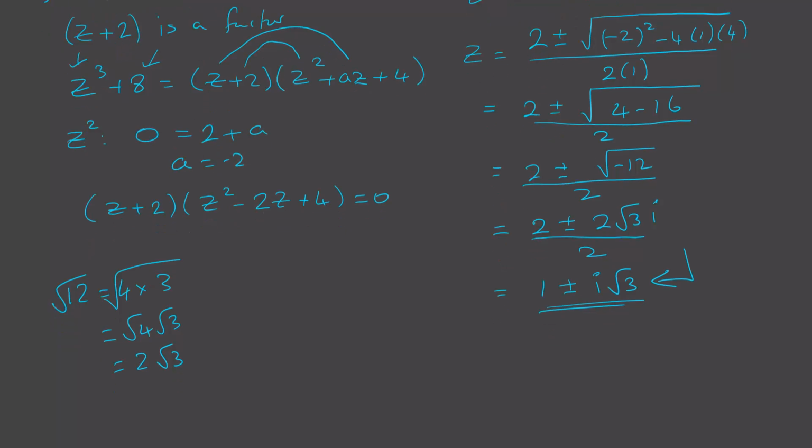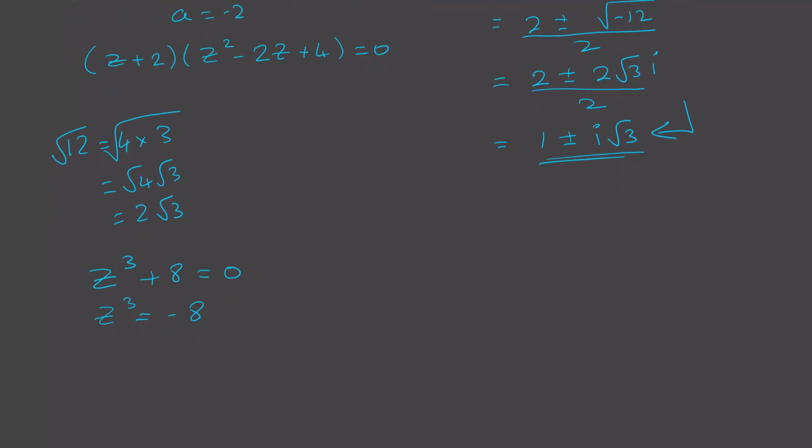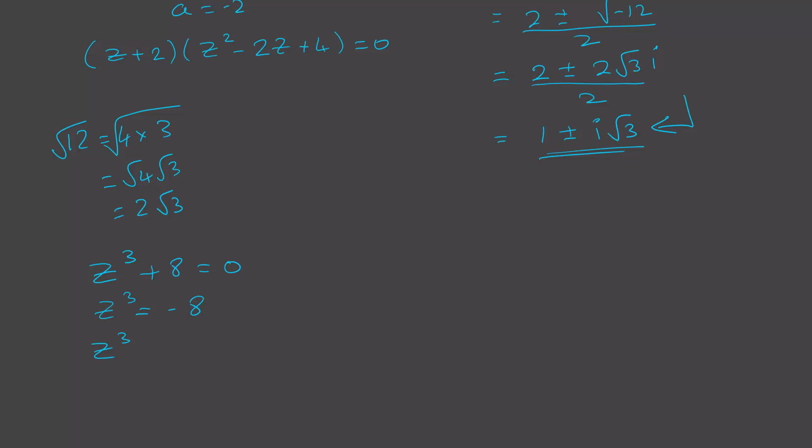For this particular equation, I think we could have got there in a slightly easier fashion. So we had z cubed plus 8 is equal to 0, which is z cubed is equal to negative 8. So z cubed would be equal to 8 cis pi plus 2n pi, where n is an integer.